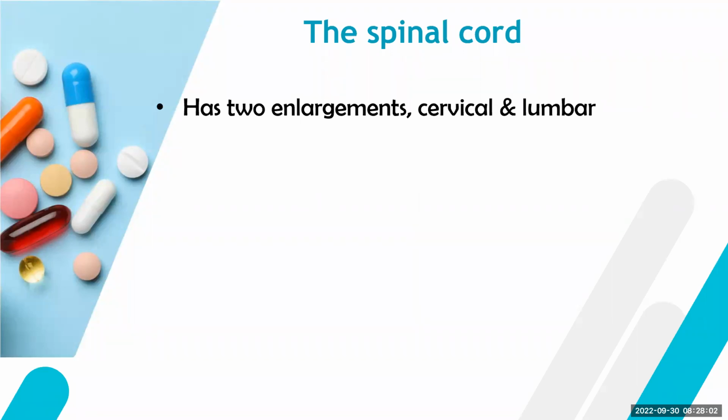Because the white matter and gray matter elements in that part of the spinal cord control the nerves, the muscles, skin and skeletal elements of the upper limb, the cervical region. And then in the lumbar region, they control the skin and the muscles of the lower limb. So we have more nerve cells there. This is why the spinal cord is enlarged, because of the upper and lower limbs, due to cells and fibers of the limbs.